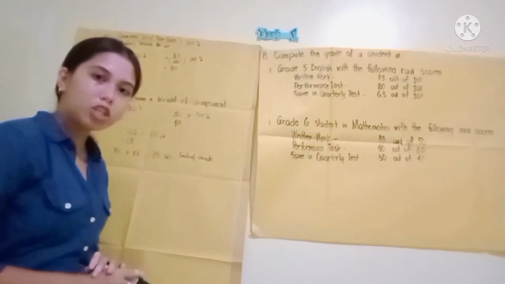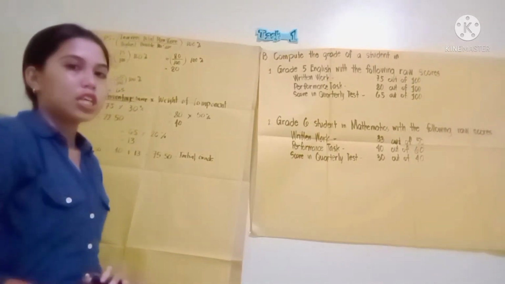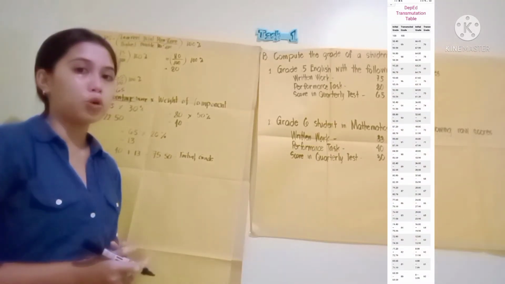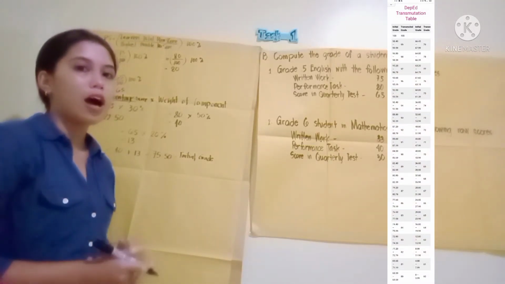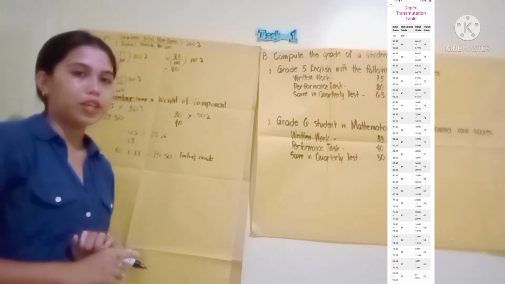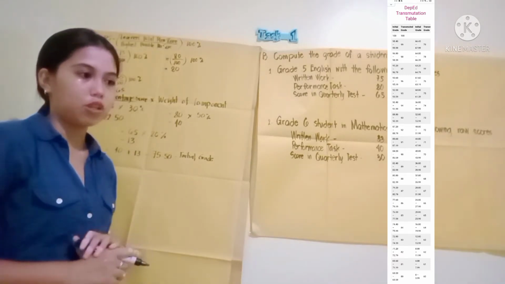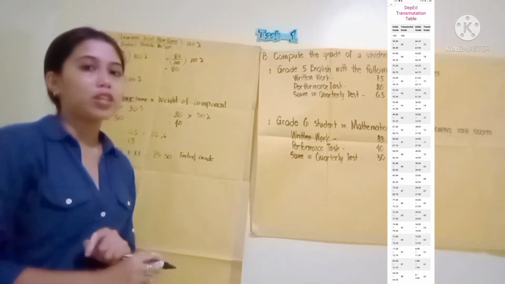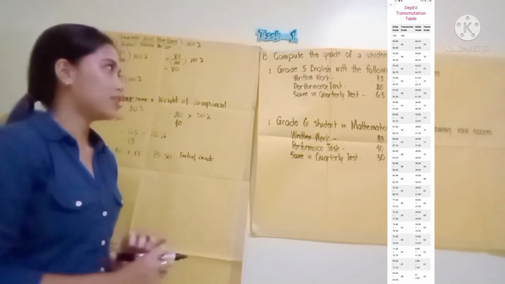So to get the final grade, we need to transmute. So we need to see the transmutation table, which is on the website of the Department of Education. So I will paste here the transmutation table to see what is the final grade of this student.